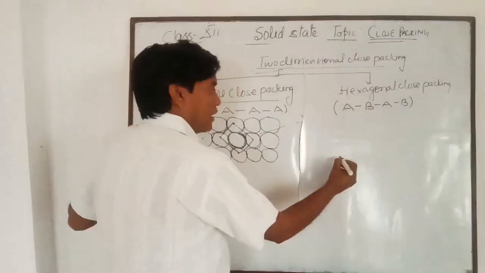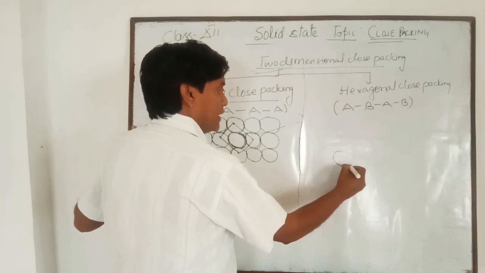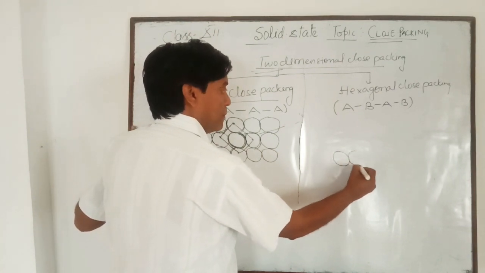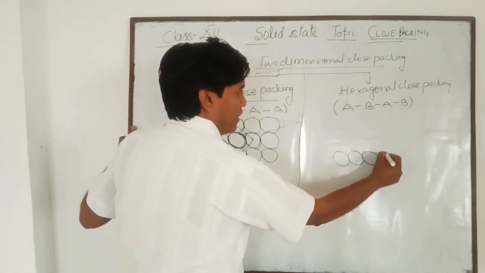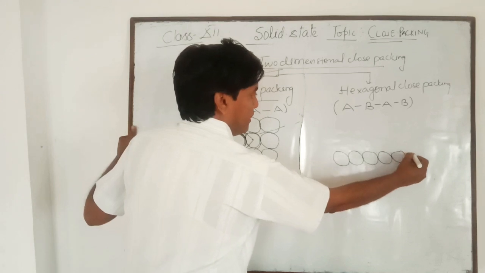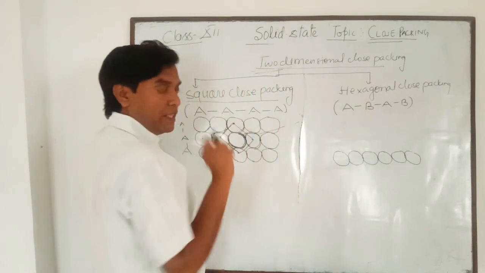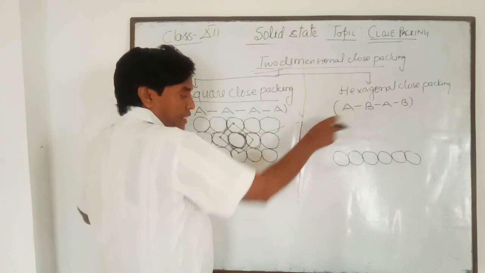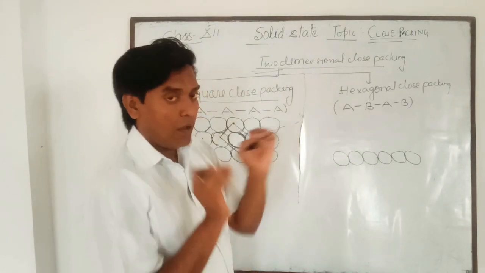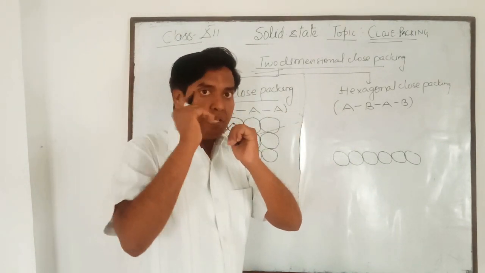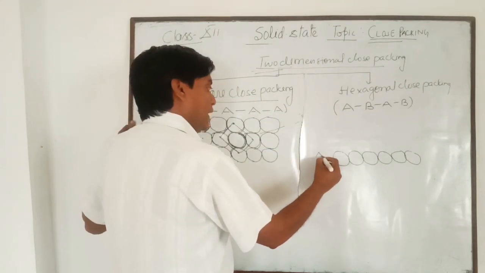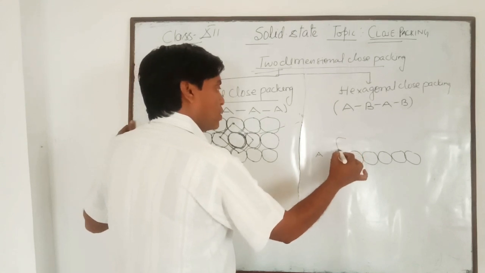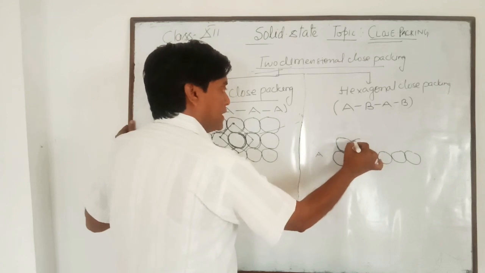Look here, beta. Now, this is better packing. One thing: the space between the spheres, where two spheres join, is known as a depression. The first row is A, and the second row goes in this depression.